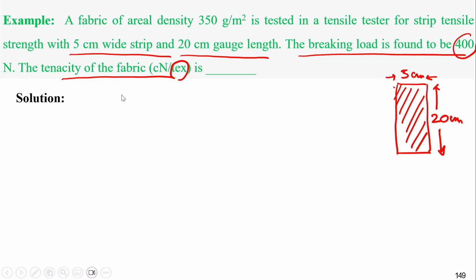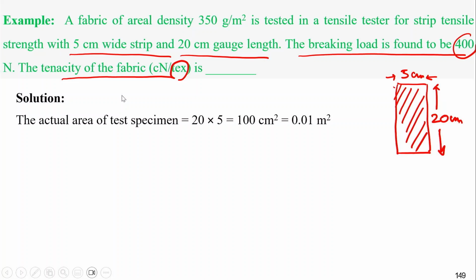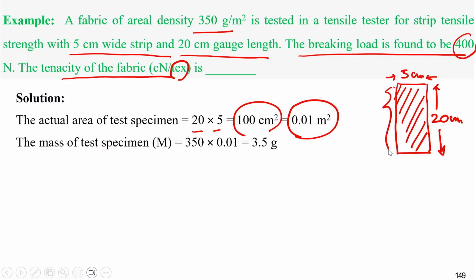First we have to calculate the area of the test specimen. 20 centimeter is length and 5 centimeter is width, so total area is 100 square centimeter, which is 0.01 square meter. We know the area and areal density is given 350 gram per square meter, and if we want to get the actual mass, we calculate 350 multiplied by 0.01, it is 3.5 gram.